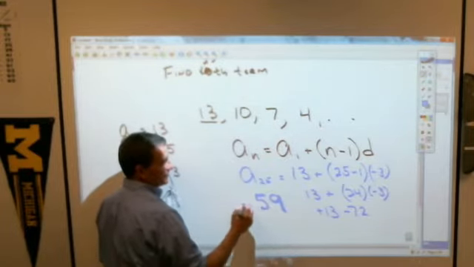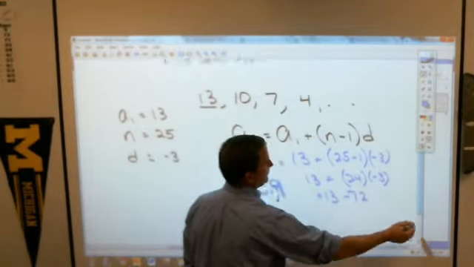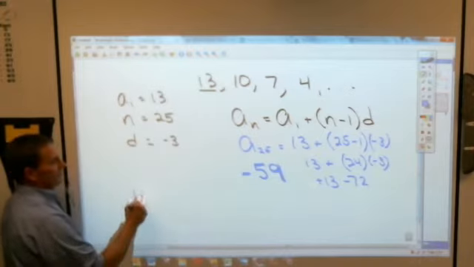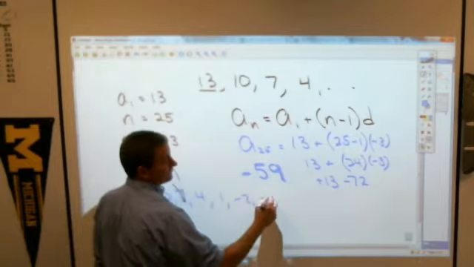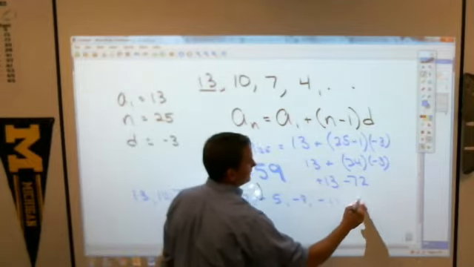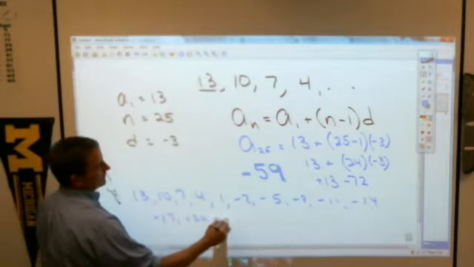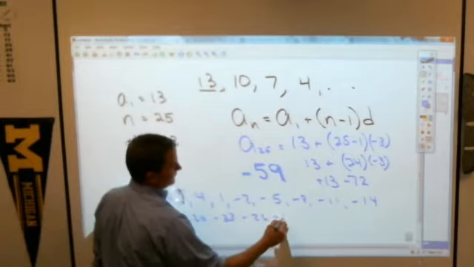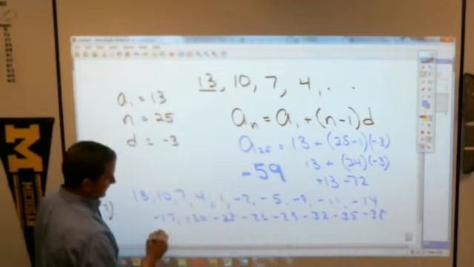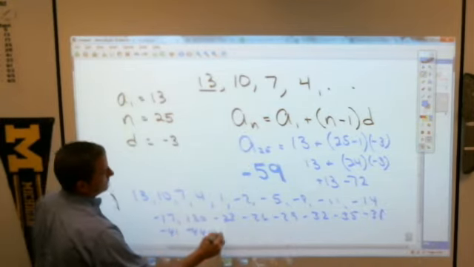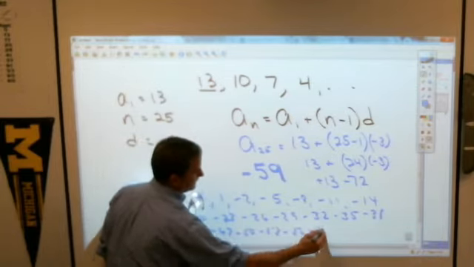You could try that to see if it works. You go to the 25th term of this. 13, 10, 7, 4, 1, negative 2, negative 5, negative 8, negative 11, negative 14, negative 17, negative 20, negative 23, negative 26, negative 29, negative 32, negative 35, negative 38, negative 41, negative 44, negative 47, negative 50, negative 53, negative 56, negative 59.